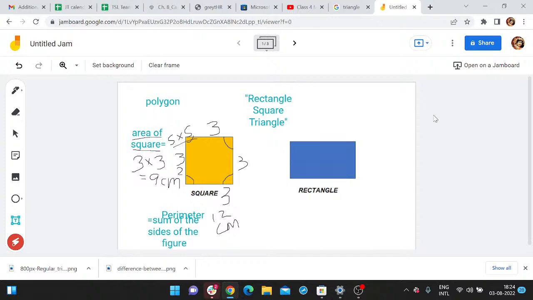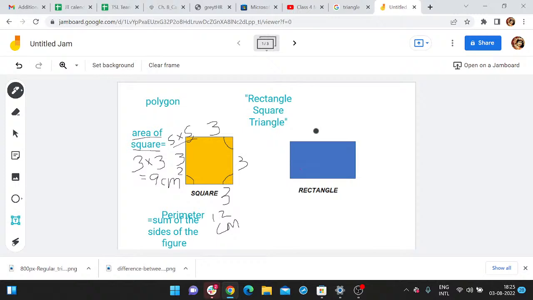Coming on to the area of a rectangle. Now, as I said, the perimeter of both of the figures can be calculated with the same formula, but the area cannot. So let us see what the area could be. For finding the area, let us assume the sides of the rectangle to be, I'm just taking random lengths.